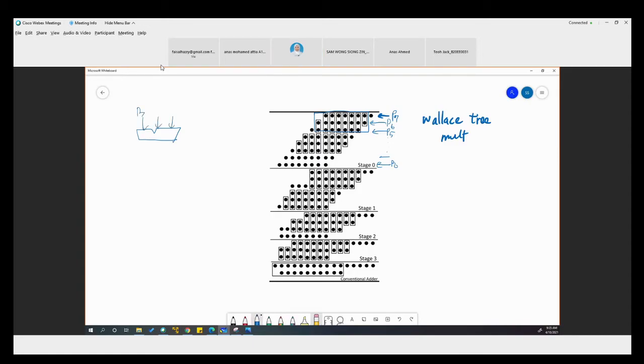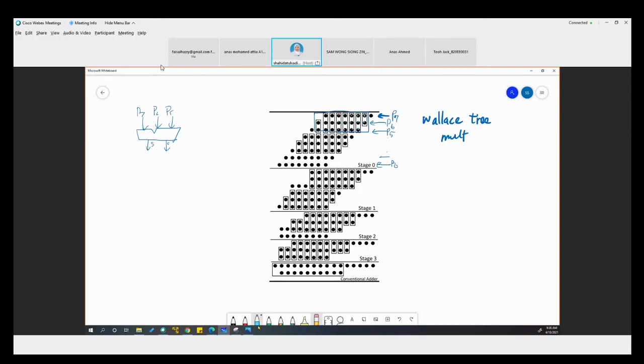So P7, P6, P5, and then it will generate the sum and also the carry vector. Let's say this is the original.